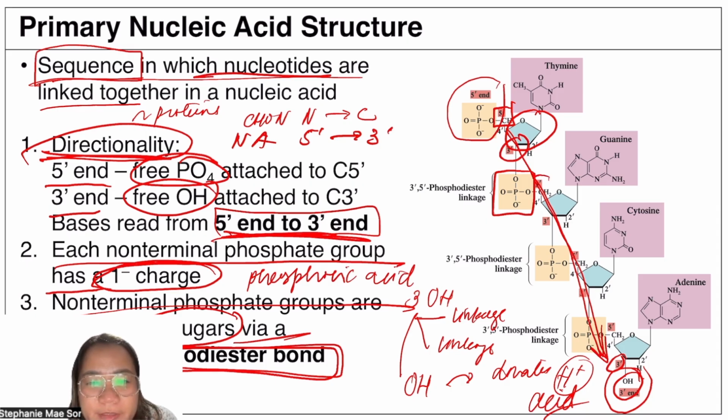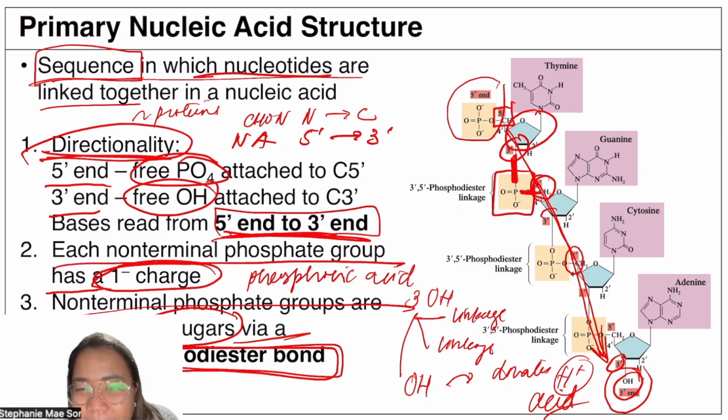So, ano nangyayari dito? You have a 5'. Ito yung, di ba? Sabi natin, 5' is the 5th carbon dun sa ribose mo. And then, another nucleotide, ito bagong nucleotide.